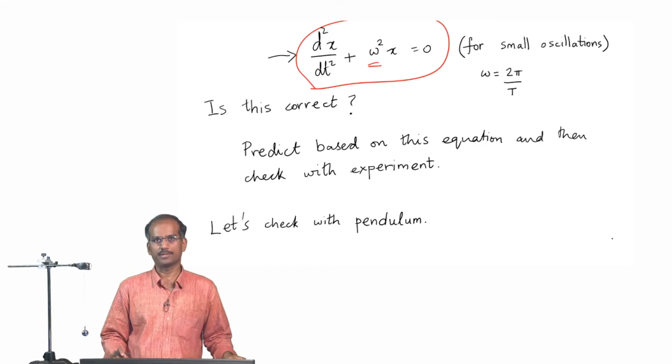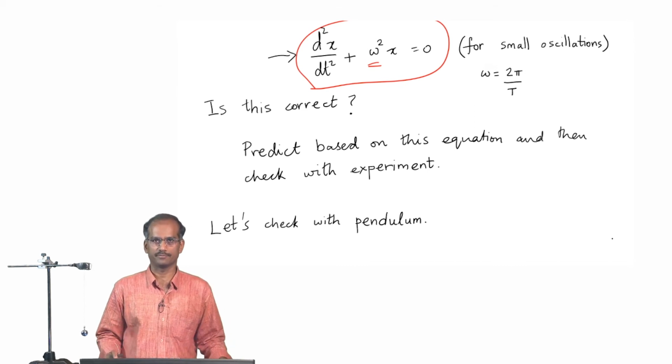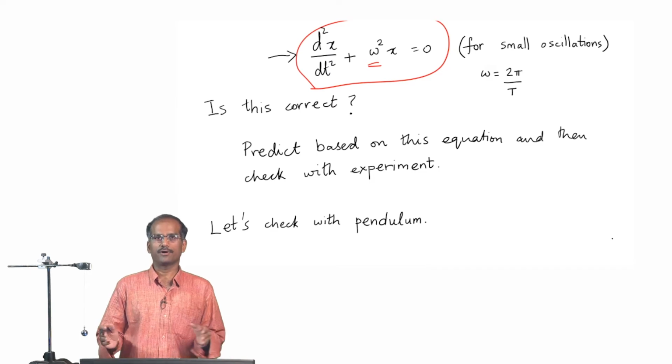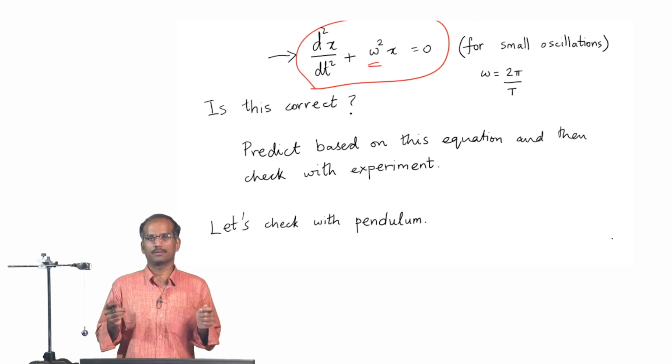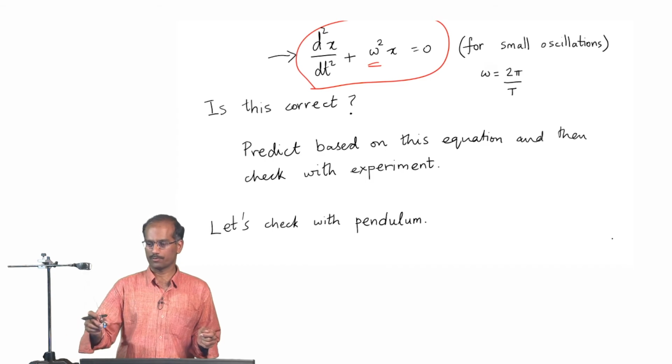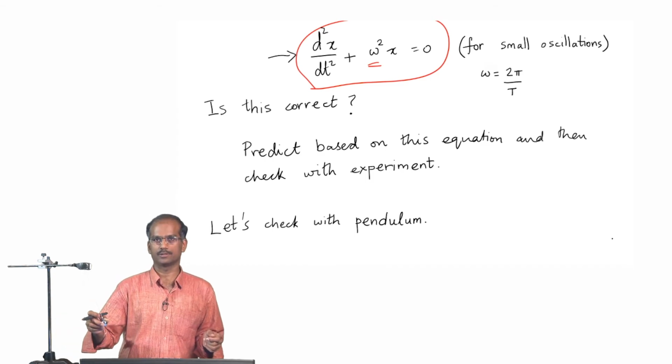This quantity capital T is simply the time period of the system. In fact, in this problem, like this pendulum, there was only one time scale in the system, which is simply the time period, or the time taken for the bob to go from one end to the other end and back to the starting point.